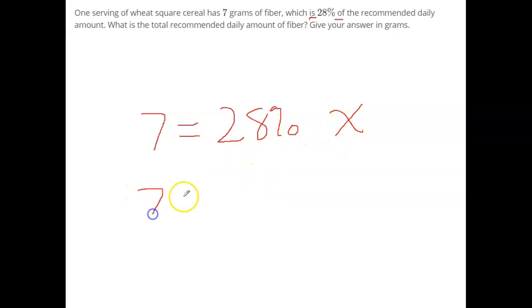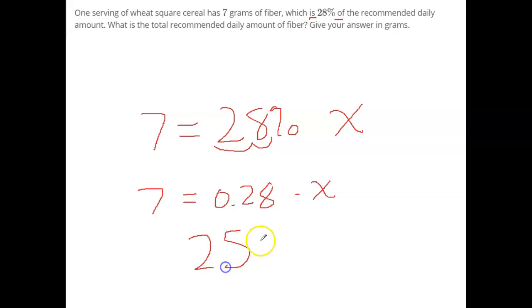To solve this, we're going to need to write that 28% as a decimal here. Slide your decimal spot 2 places to the left, 0.28 multiplied by our unknown. And use algebra to solve this. Divide both sides by 0.28. And typing that in a calculator, 7 divided by 0.28 is giving me 25 would be our answer. It's the recommended daily amount of fiber.